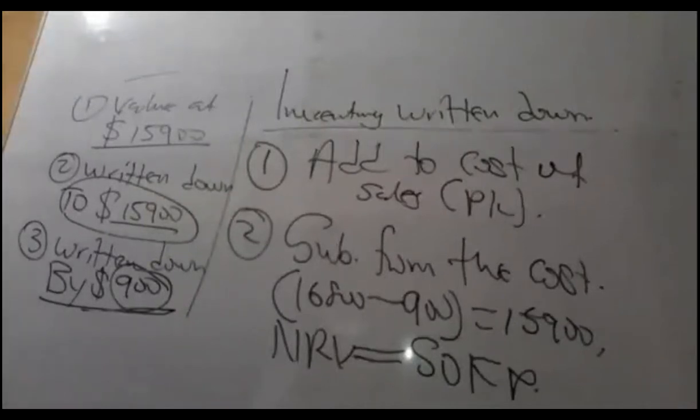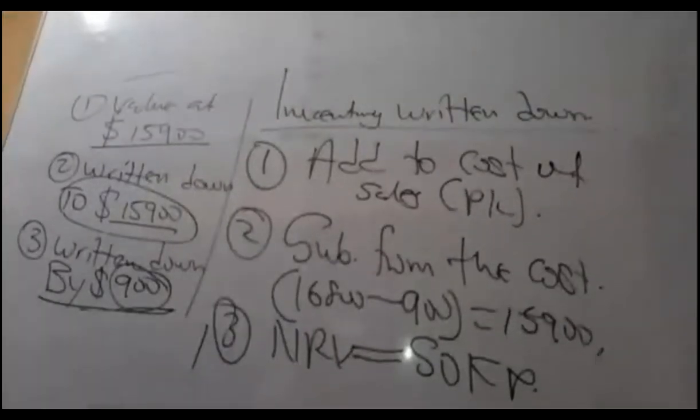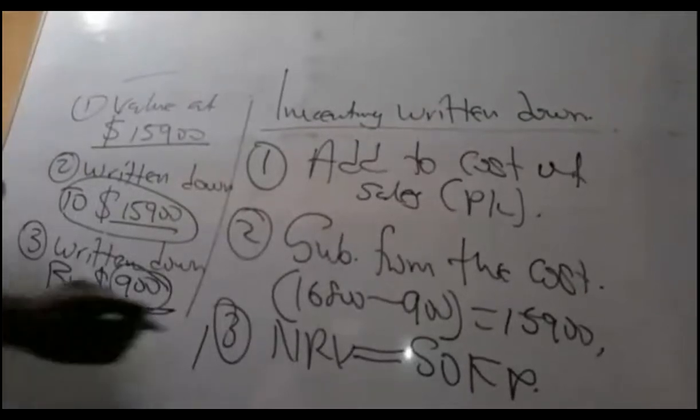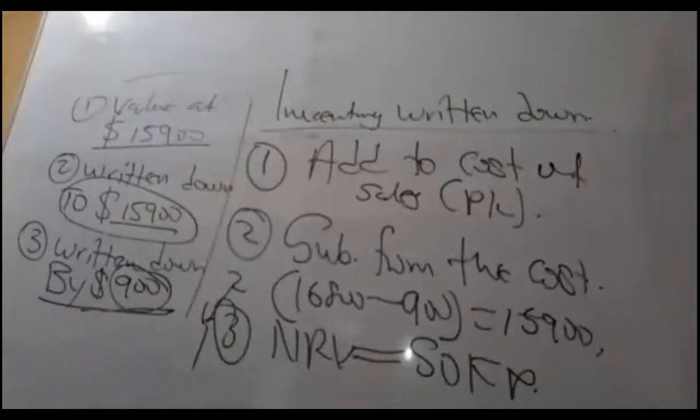So now they started increasing it, and when increasing, they even doubled it, from one city to three cities. So sometimes the NRV will be lower than the cost as a result of management intention or management strategies.